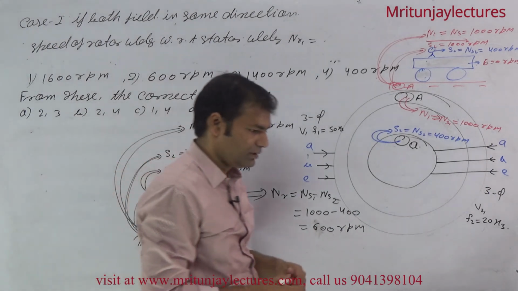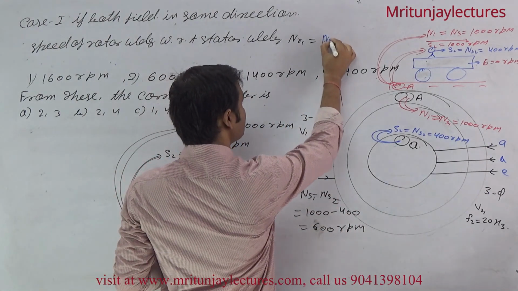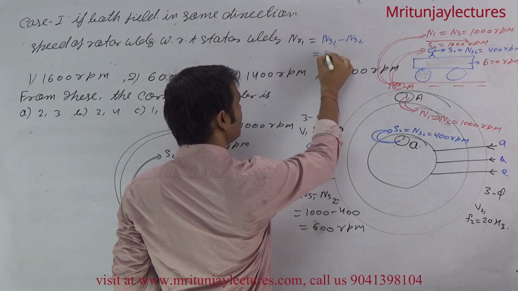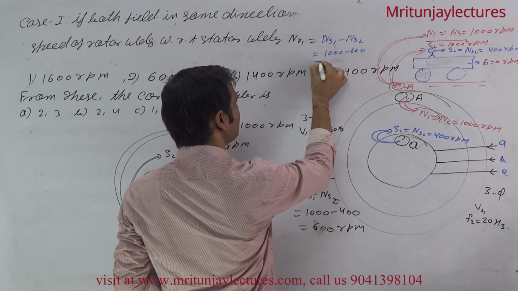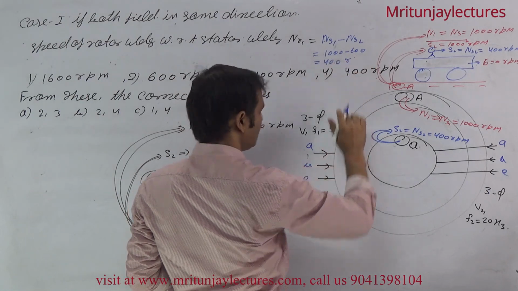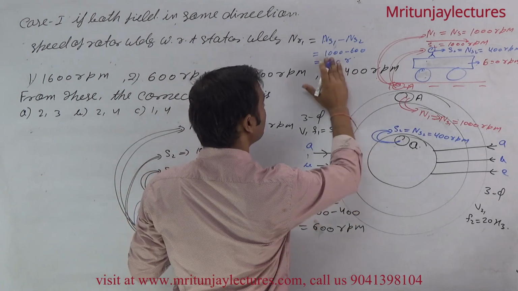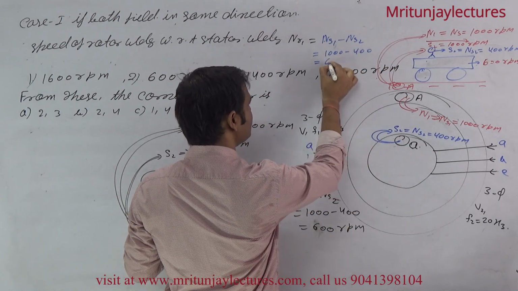Clear? That's why NS1 minus NS2 is written like this: 1000 minus 600, finally that is 400 rpm. Sorry, that is 400, it means that is 600 rpm.